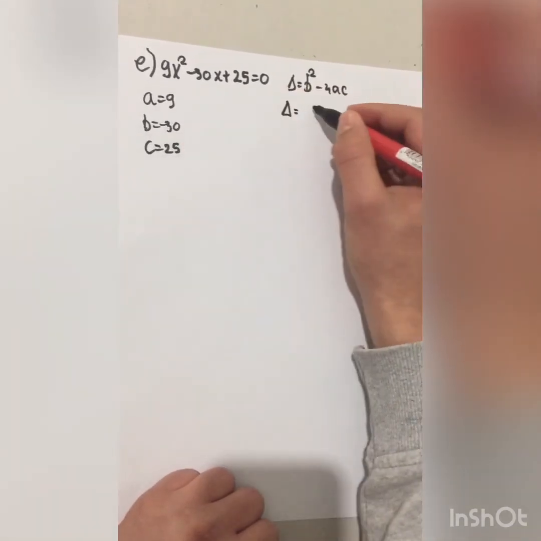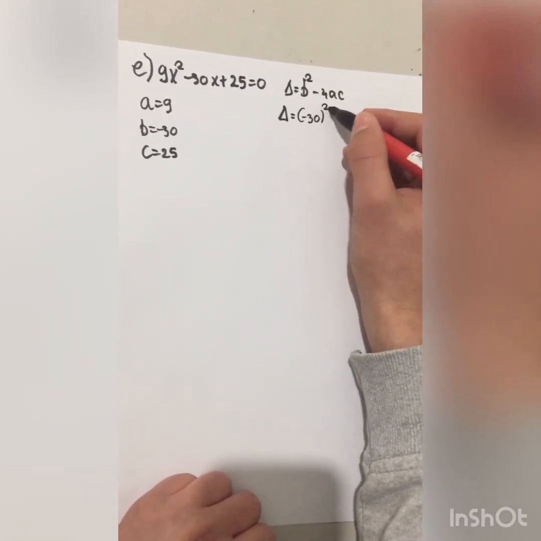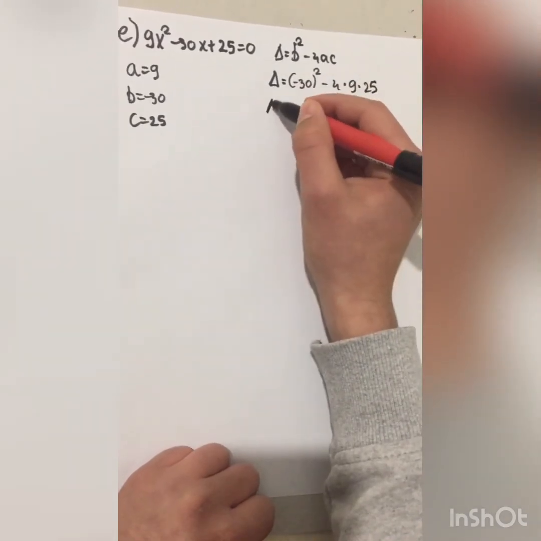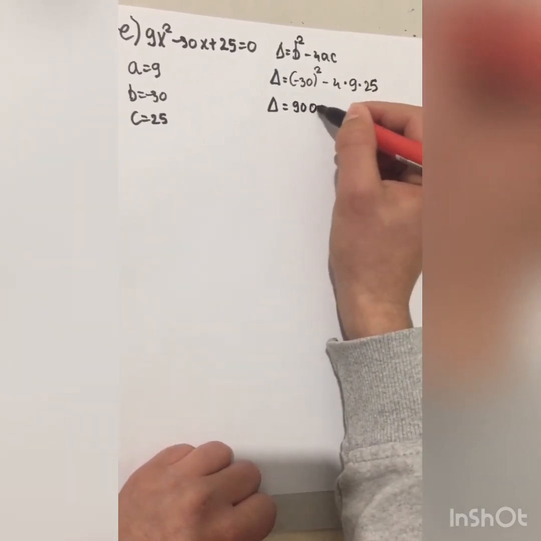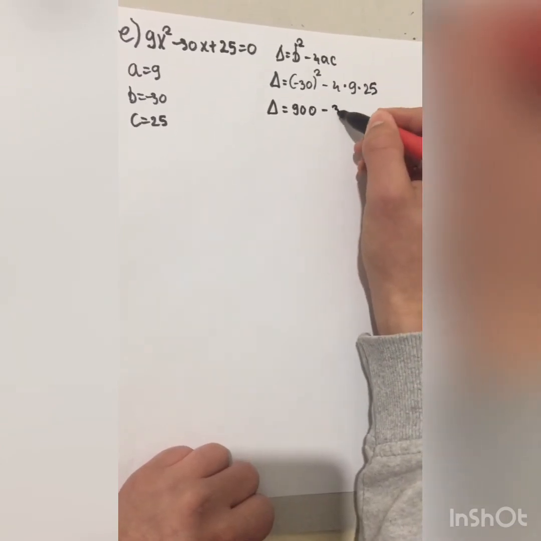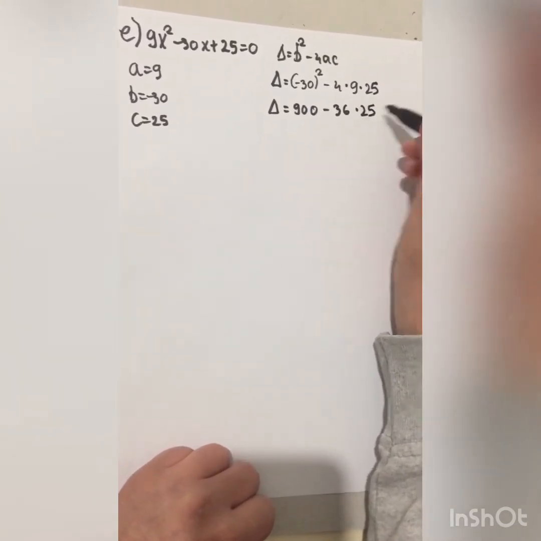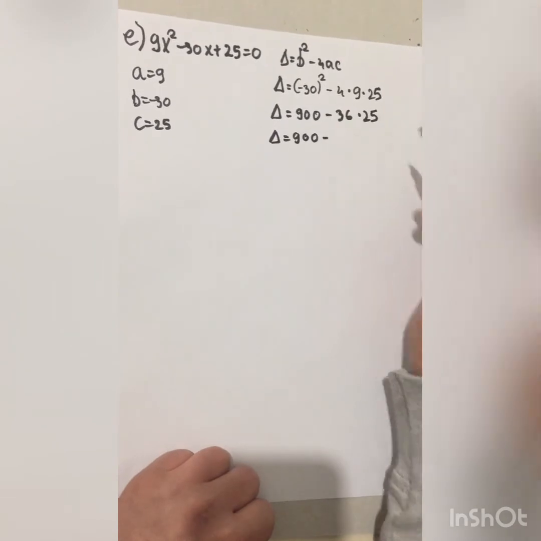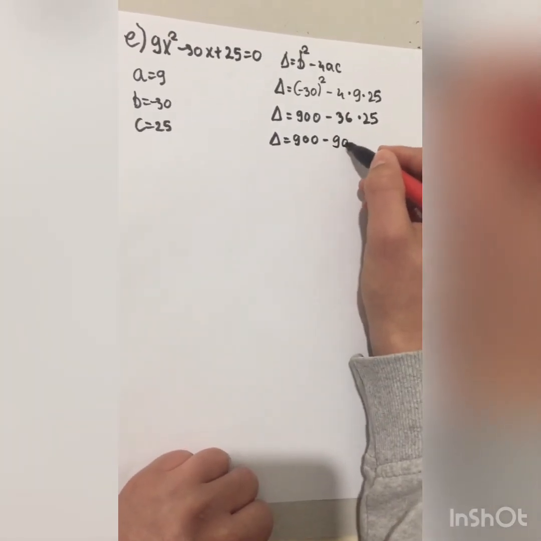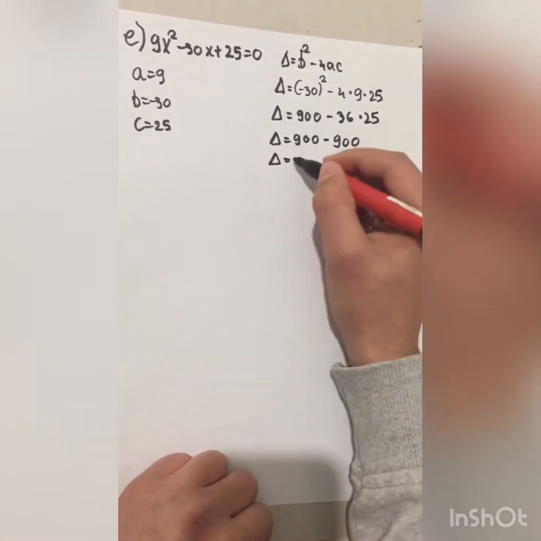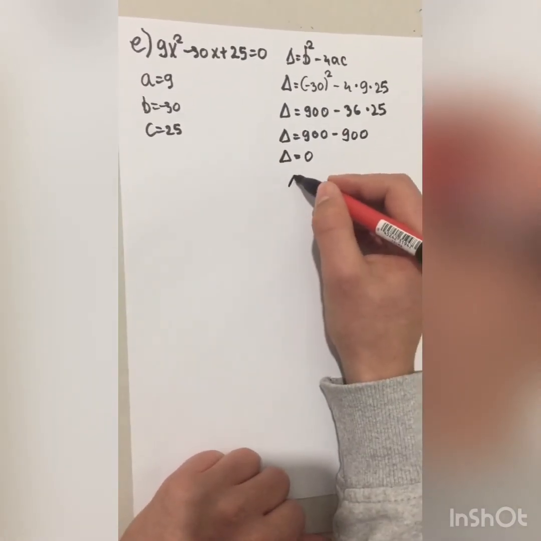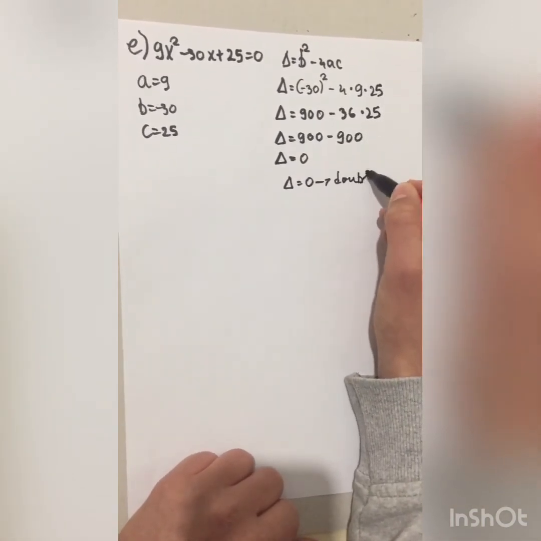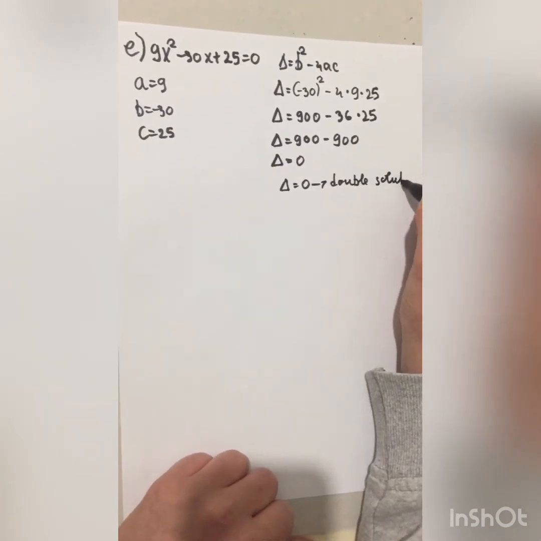Delta is equal to minus 30 squared minus 4 times 9 times 25. Delta is equal to 900 minus 4 times 9, which is 36, times 25. Delta is equal to 900 minus 900, which is 0. As we said, when delta equals 0, this has a double solution, or same solutions.